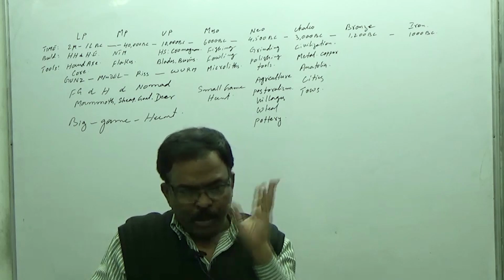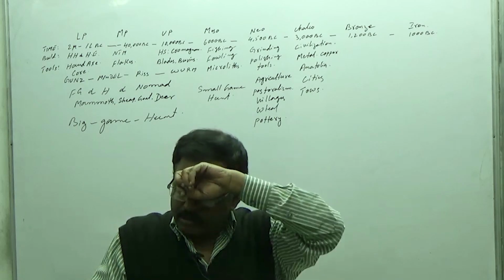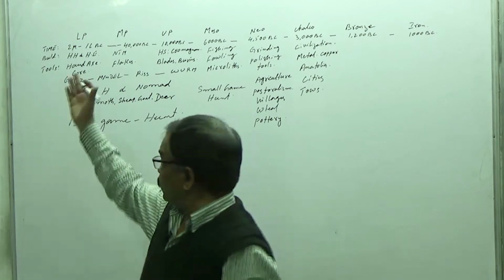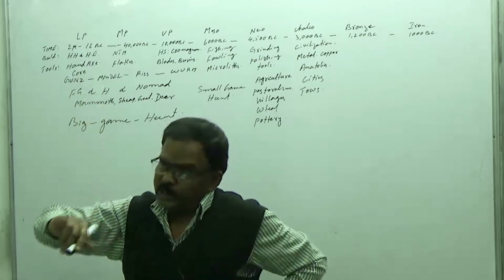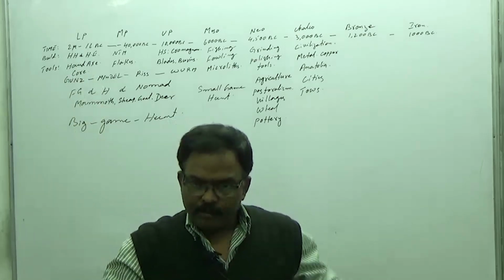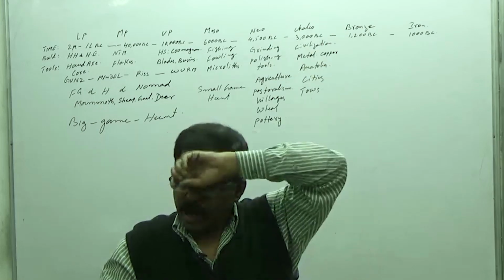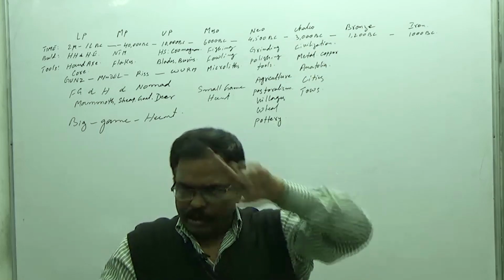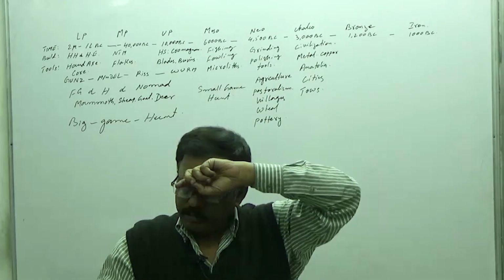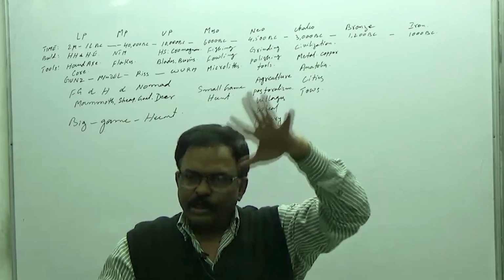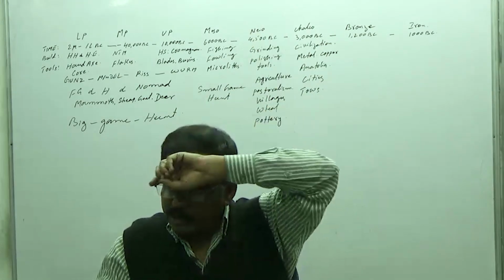Then small leaders, which are present in the Lower Paleolithic itself. Of course, leadership is very prominent. Without leadership, how could they be involved in big game hunting? How is it possible? One has to lead the group. Automatically, that person will become the leader.